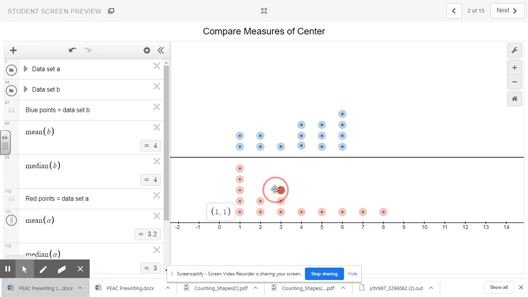So right now the mean is more than the median because it's being pulled by the data. So the mean gets pulled in the direction of the outliers, which is also the direction of the skew. So the mean gets pulled in the direction of the skewness. So that's been a common question.